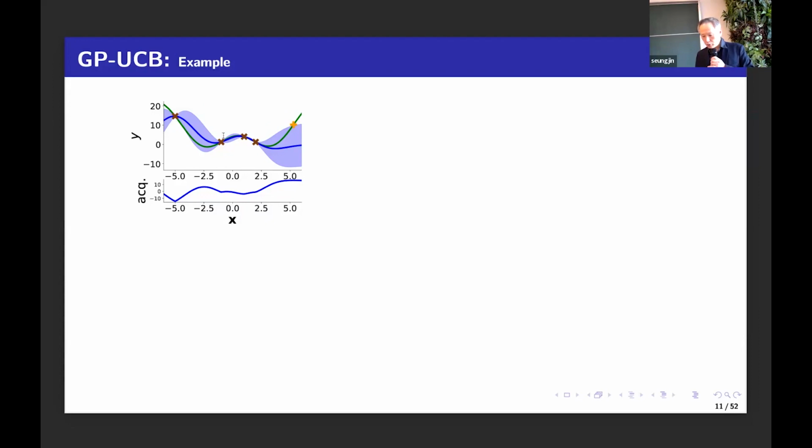The blue line is our posterior mean constructed by the GP regression using the 4 data points, and this shaded region is the confidence interval, maybe the 95% confidence interval. And then we construct the GP upper confidence bound here.